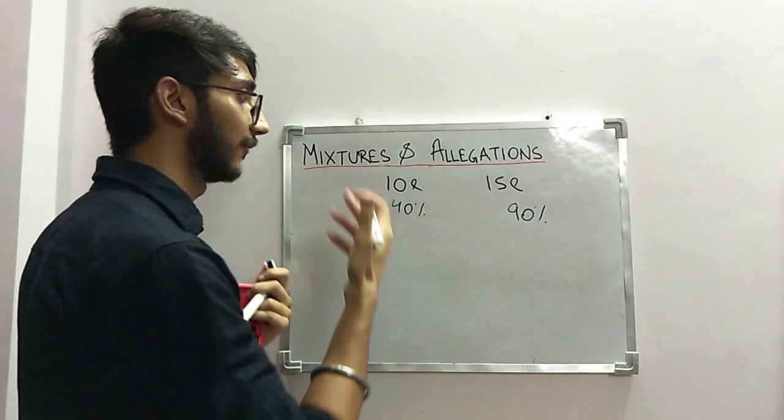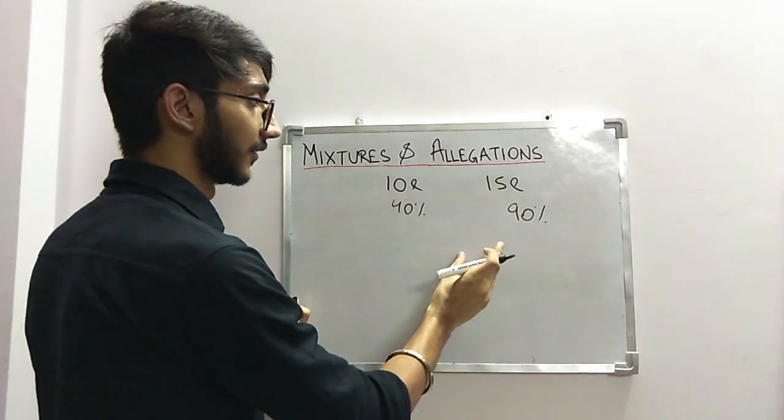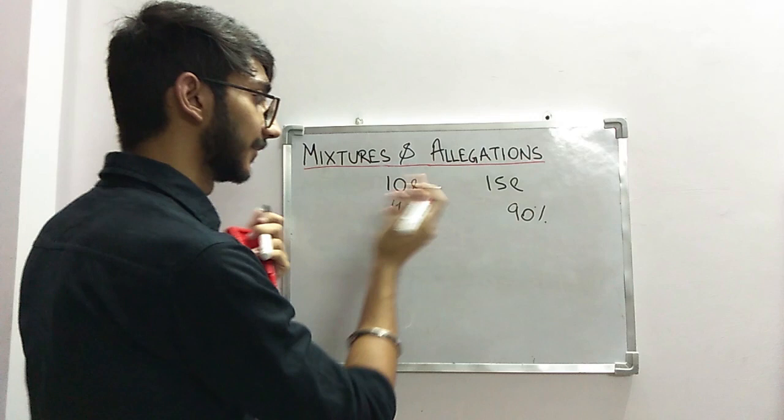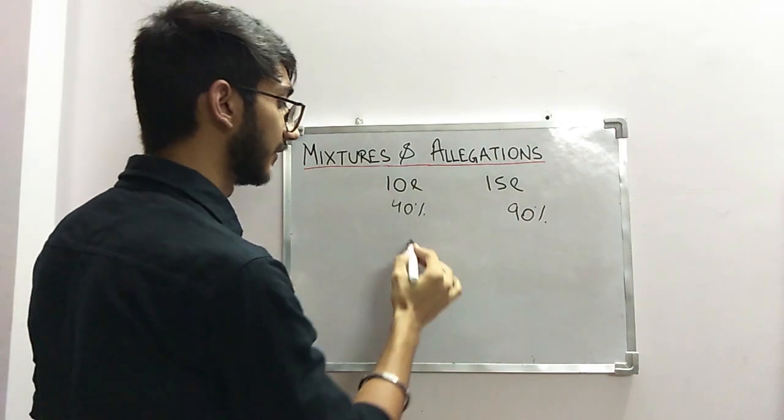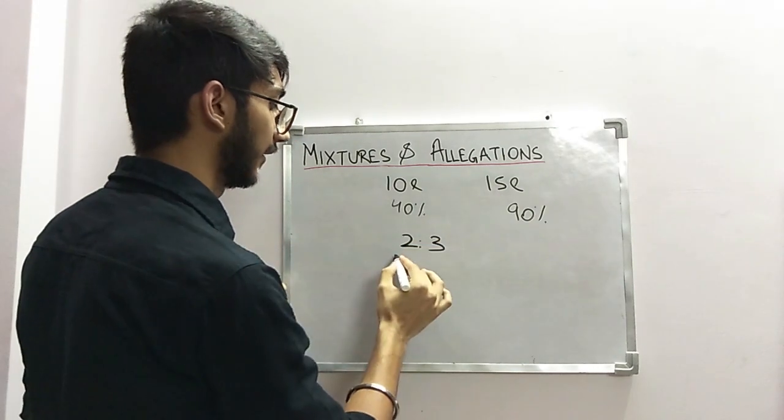So the question is, you have to calculate the percentage of milk in the mixture, right? So again, same concept, the ratio of quantity is 2:3, and we have 40 and 90.